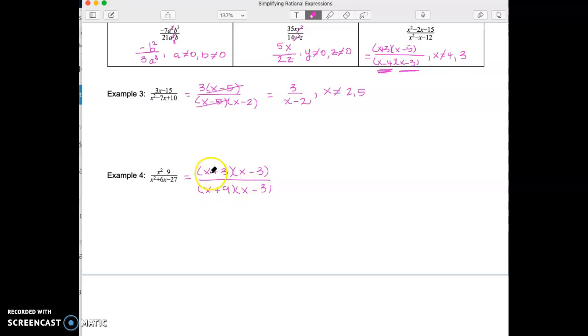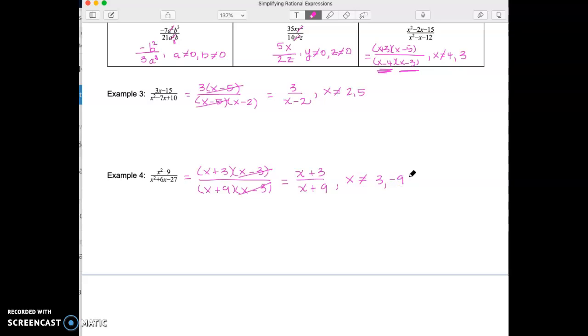So again, I can cancel, oh, not that one. Cancel the minus, not the plus. So my simplified expression would be x plus 3 over x plus 9. But I would have to leave out the values of 3 and negative 9.